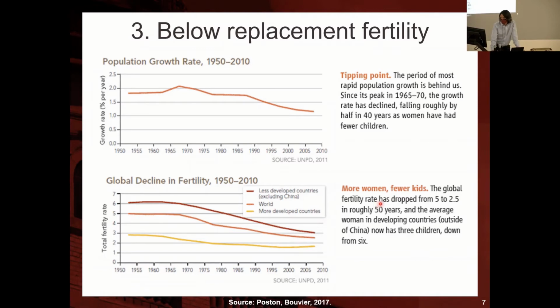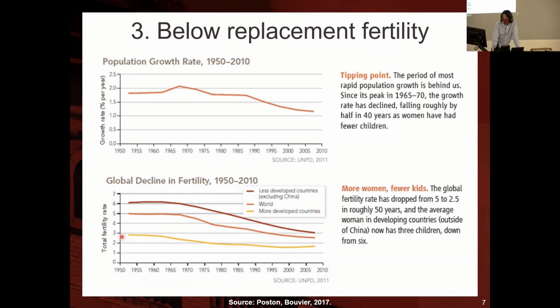So the global fertility rate has dropped from 5 to 2.5 in roughly 50 years. And the average woman in developing countries now has 3 children. That's what I said before, compared to 6 children 5 decades ago.